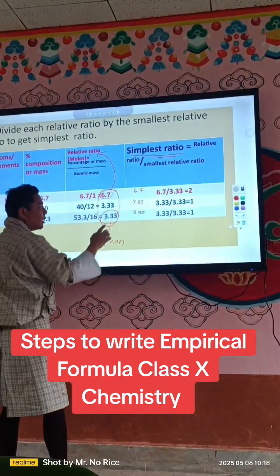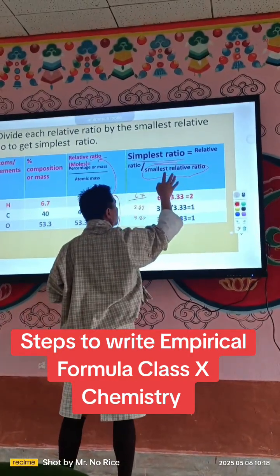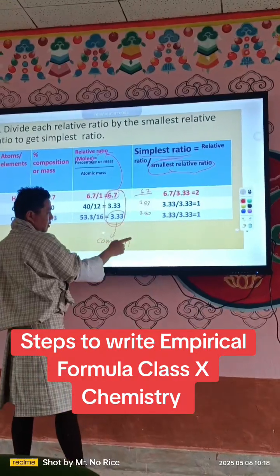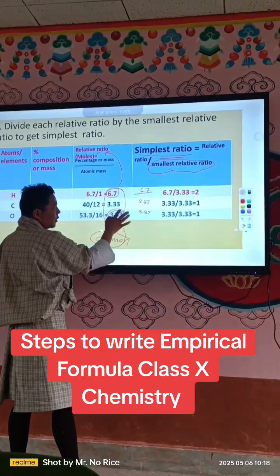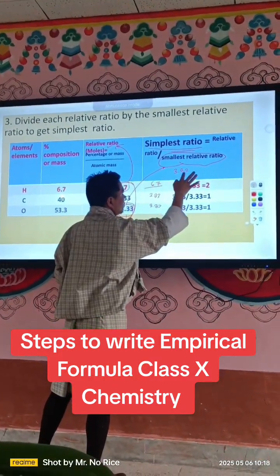You have to divide each relative ratio by the smallest relative ratio. What is the smallest relative ratio here? It is 3.33.